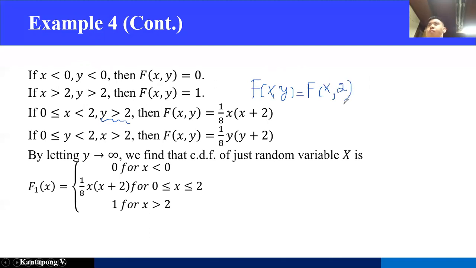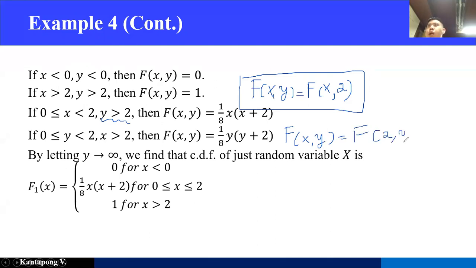Similarly, in this case F(x,y) is equal to F(2,y). So if x is less than 0, it's 0, and if x is greater than 2, it's 1. Simple.